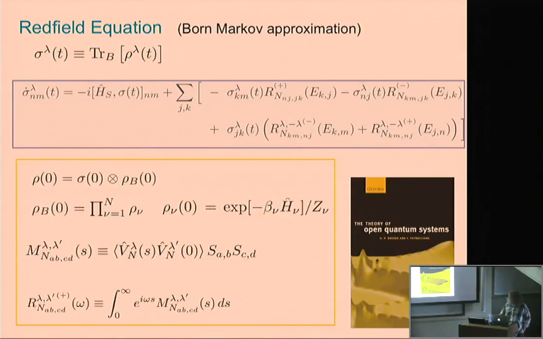As usual, we assume factorized initial conditions. These are transforms of the two-time correlation function of the bath operators that are coupled to the system. In the Redfield formalism, before you do the secular approximation, you get this half Fourier transform, positive, and you also have the negative one, just with the upper limit going from minus infinity to 0.